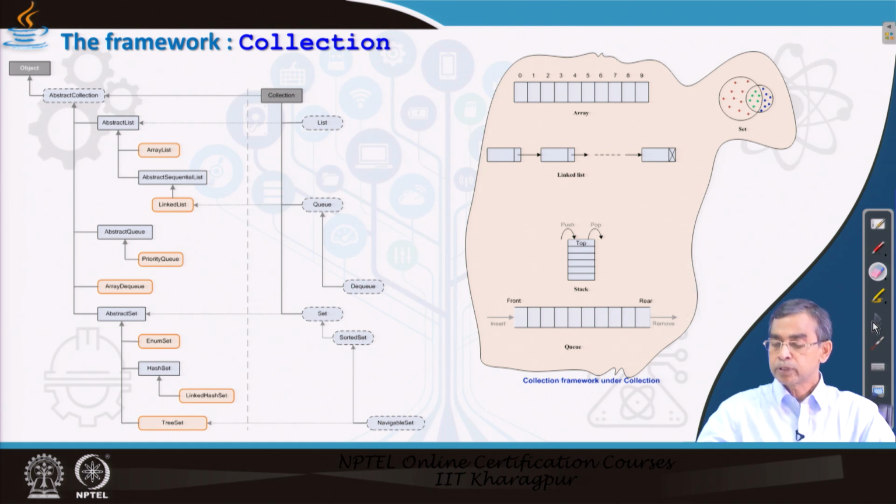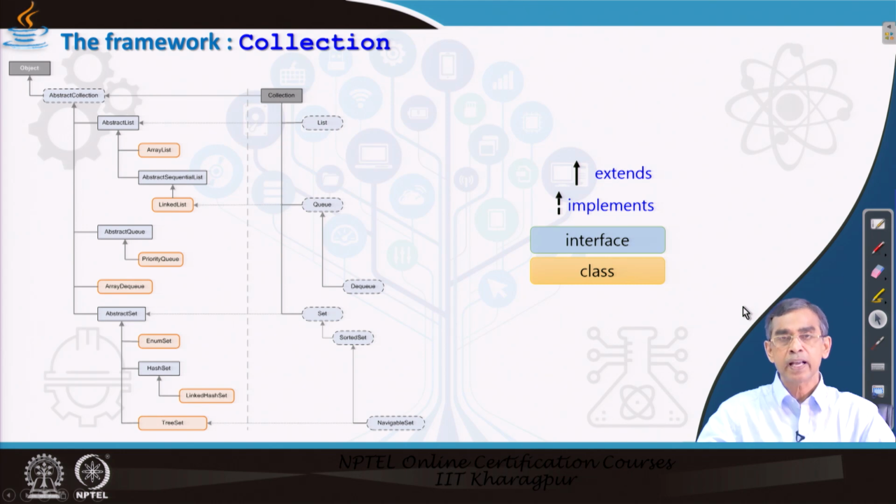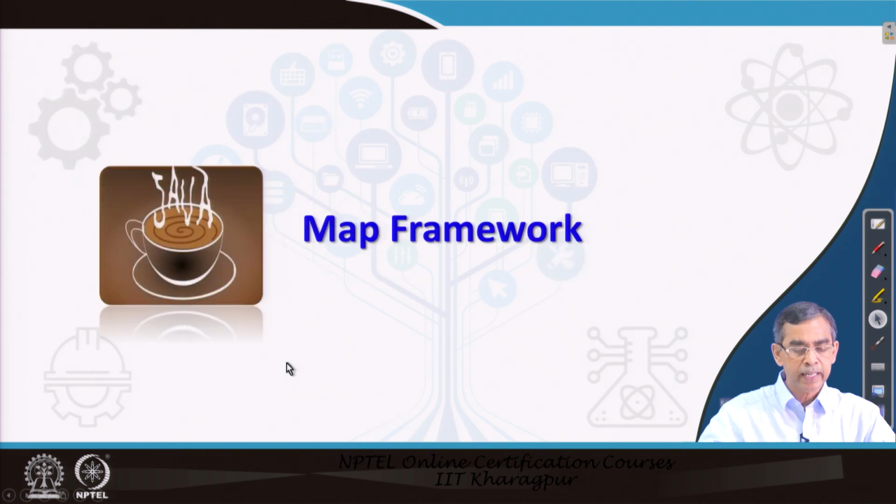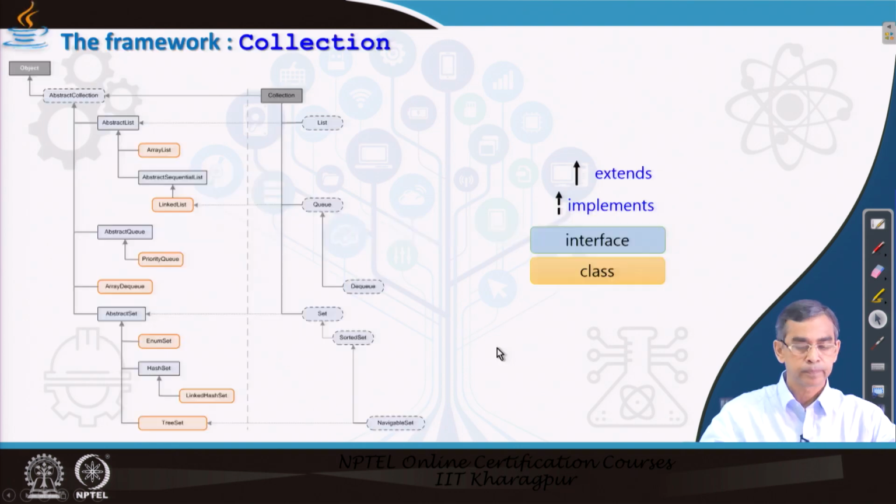Now, let us come to the different types. As a symbol of notation, that is annotation, you can follow this for easy understanding. These are the dotted links. A dotted link means this class implements this interface.